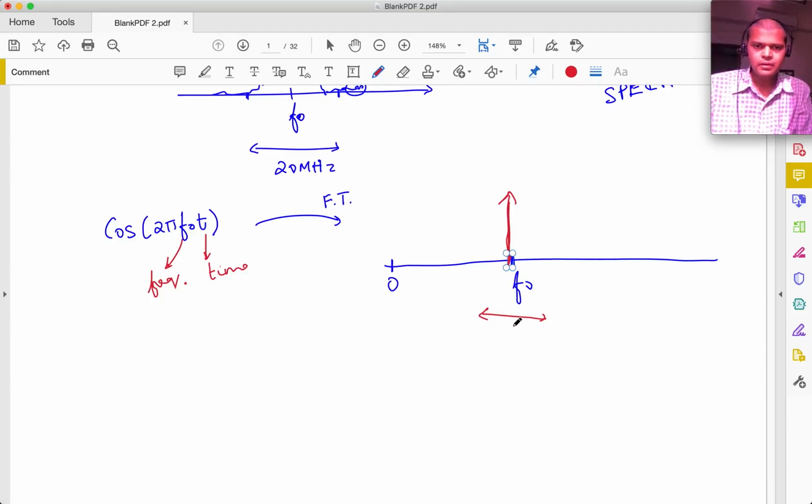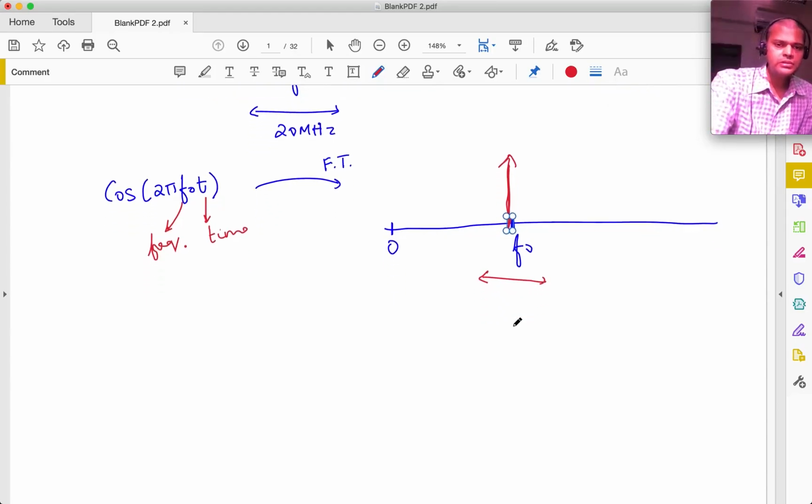Now the problem here is that this doesn't convey any information. So if I'm transmitting a cosine continuously, let's say A is transmitting to B just a cosine, what information is he sending? Is it a 1 or a 0 or what? And clearly there's no information in it.